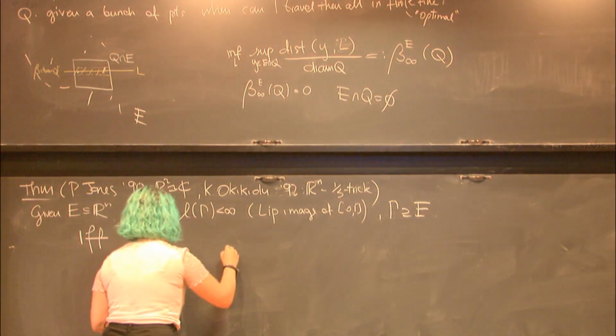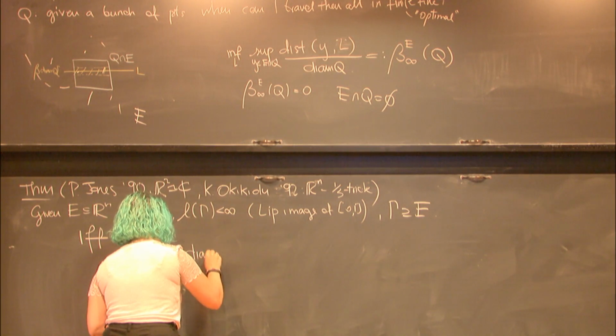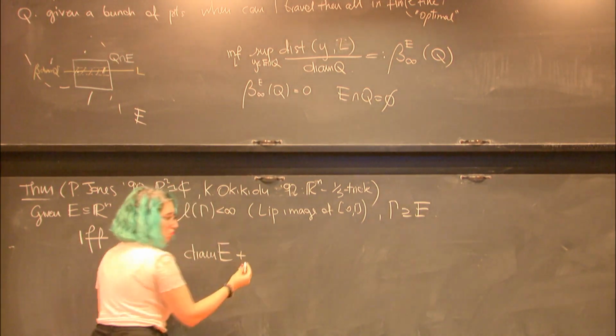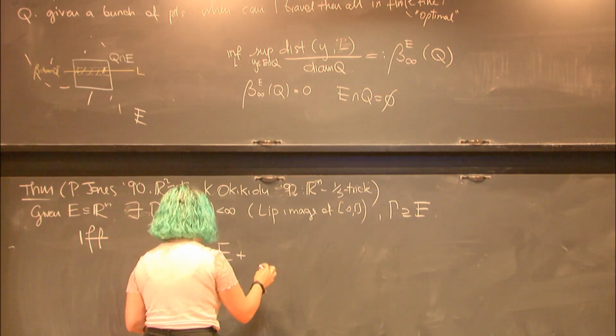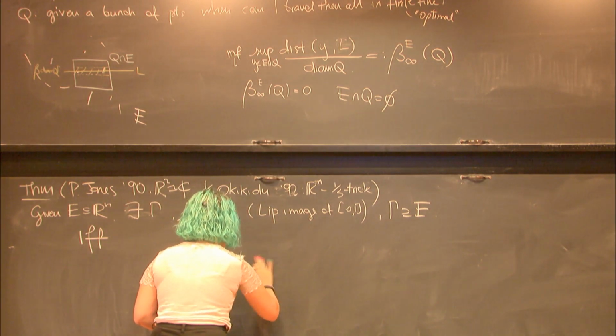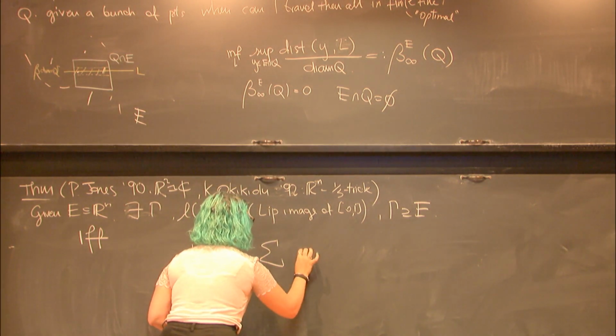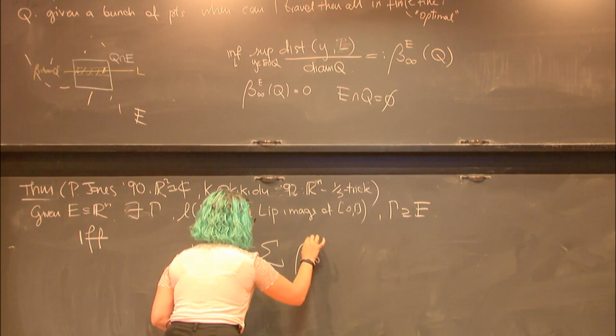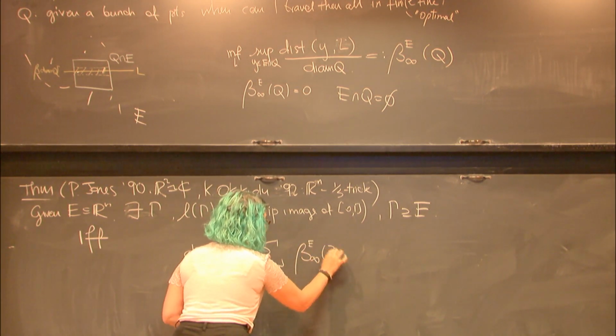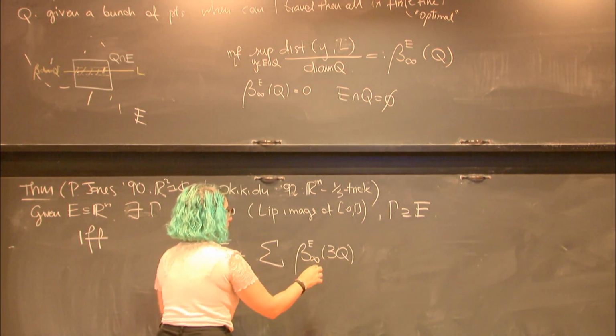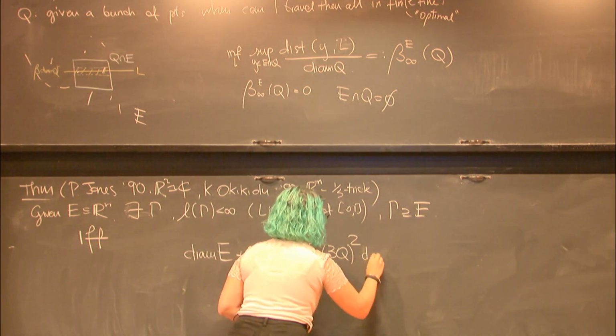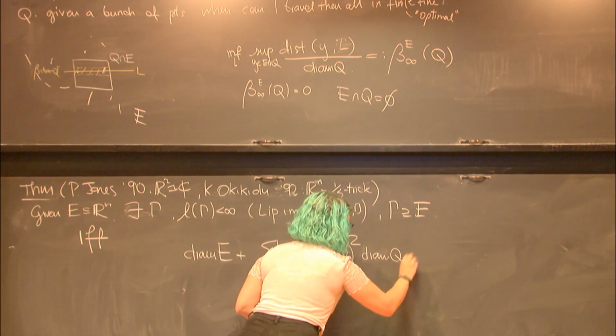What is this quantity? Well, I want my set to be bounded for kind of obvious reasons. And then I'm going to look at this quantity: the sum of beta infinity of E, we know these guys, then I take 3Q, but don't worry about that, squared, is finite.